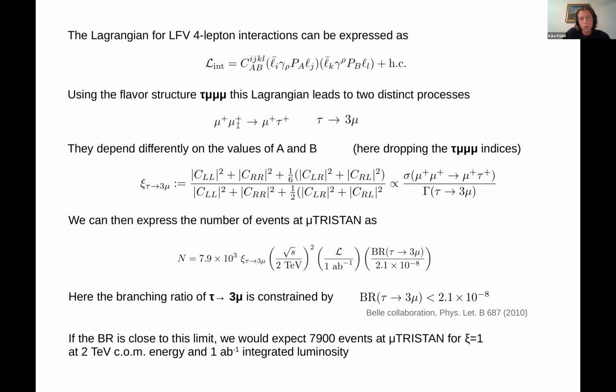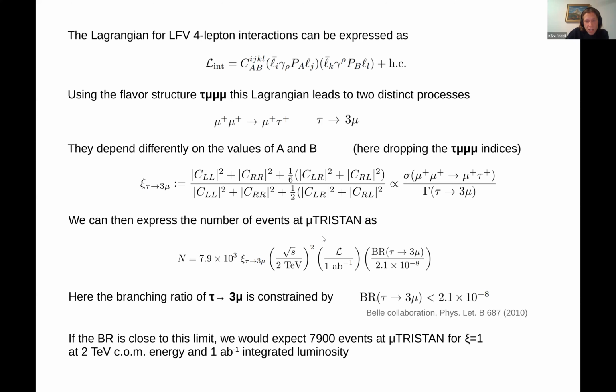And so we want to see if Mu-Tristan is actually more sensitive to this flavor violation than the currently existing bounds are. To compare these two processes directly, we form this ratio of chiralities, which is simply proportional to the cross-section for the Mu-Tristan mode with this rare tau decay.